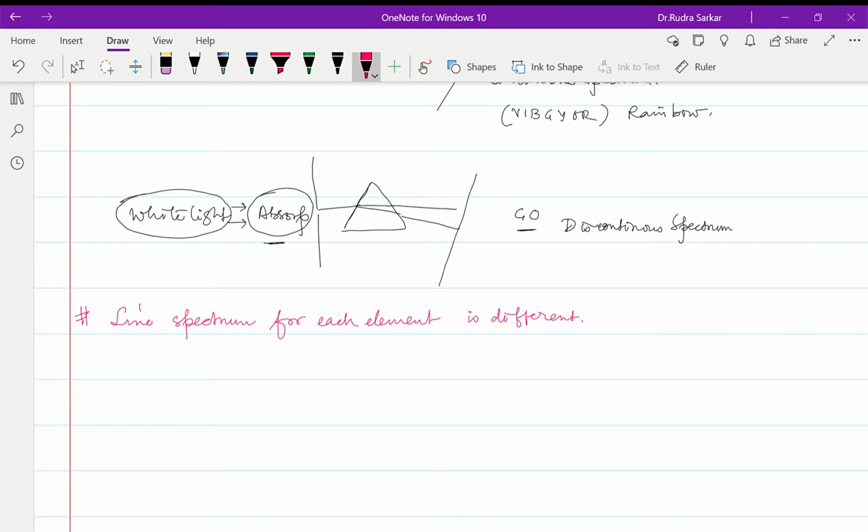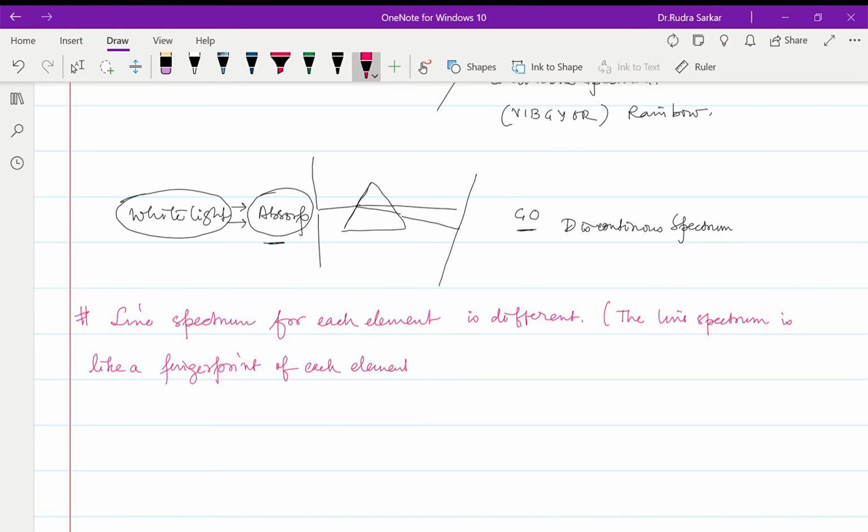In that sense, we can say that the line spectrum is like a fingerprint of each element.